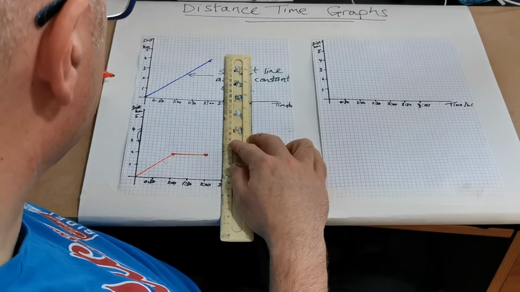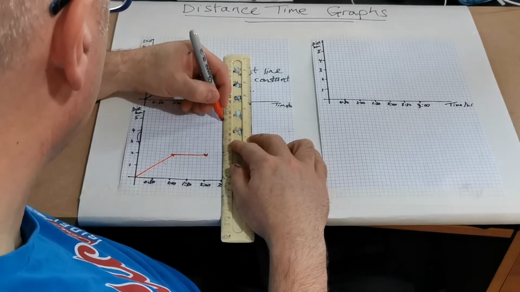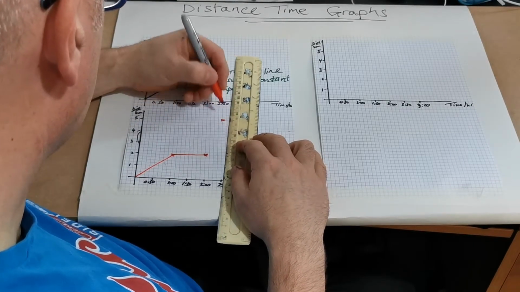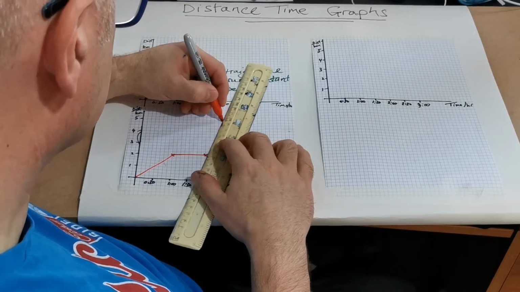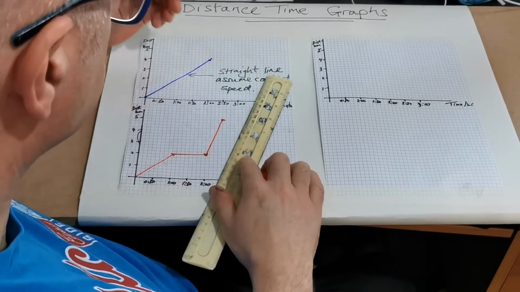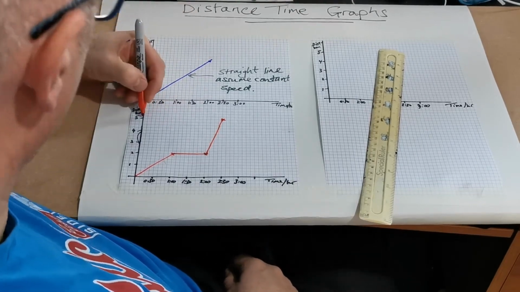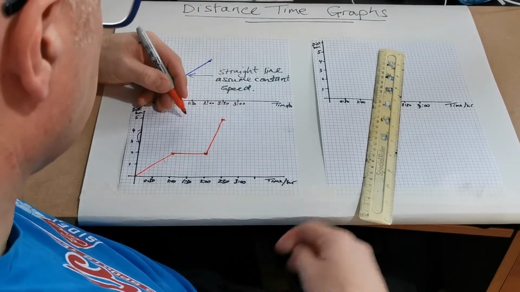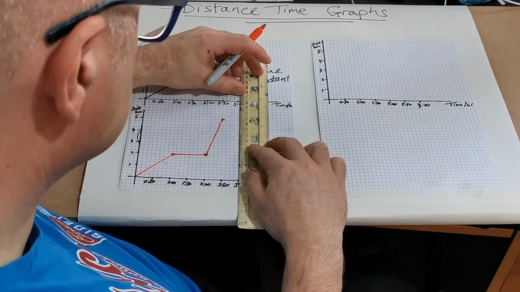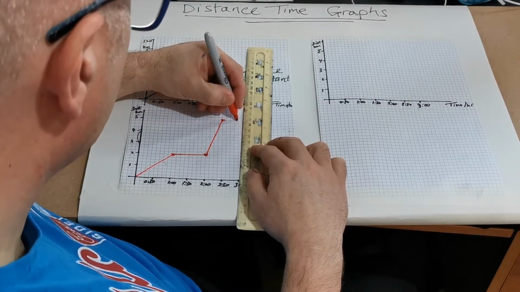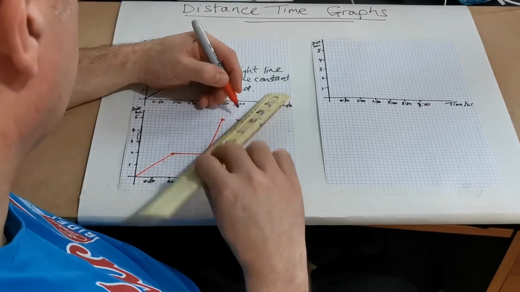Now let's say in the next half hour, I travelled a further 3 kilometres. You can see that I am now 5 kilometres away from home, and maybe I would stay there for another half an hour.